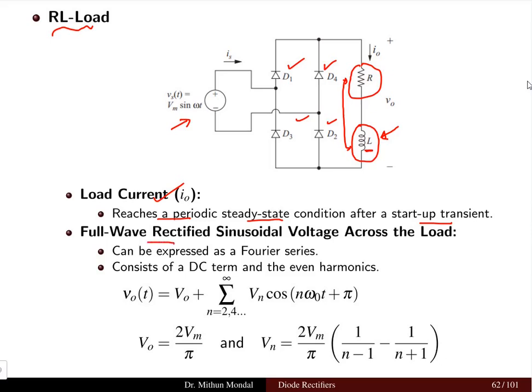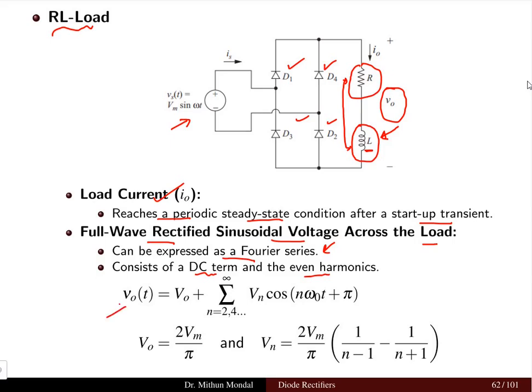The full wave rectified sinusoidal voltage across the load, if we call this V0, can be expressed as a Fourier series, which is the combination of a DC term and even harmonics.